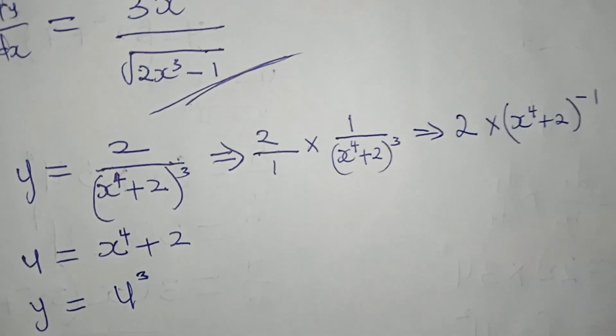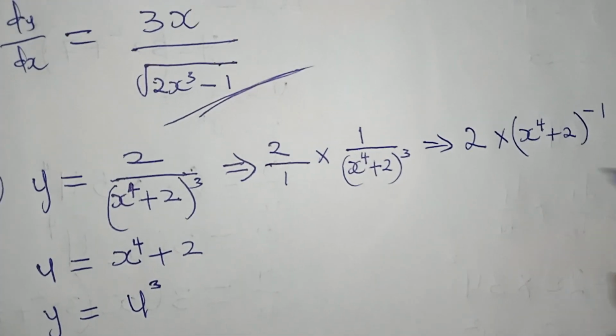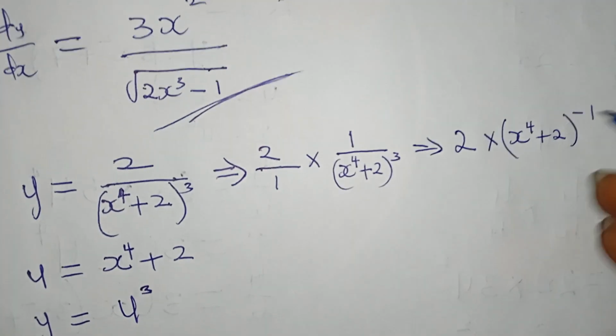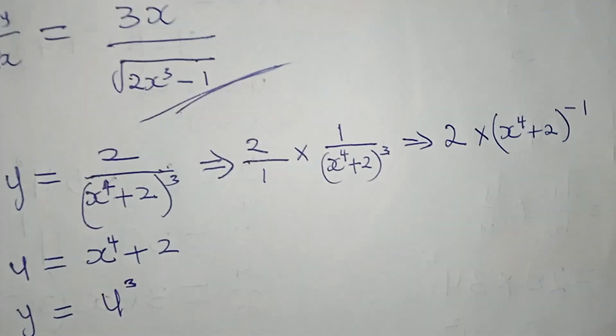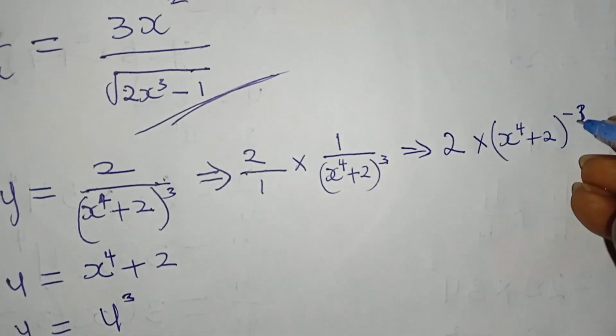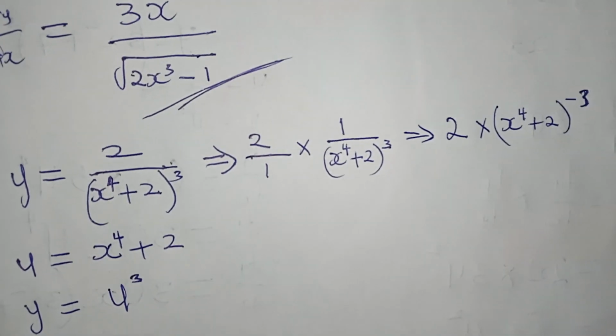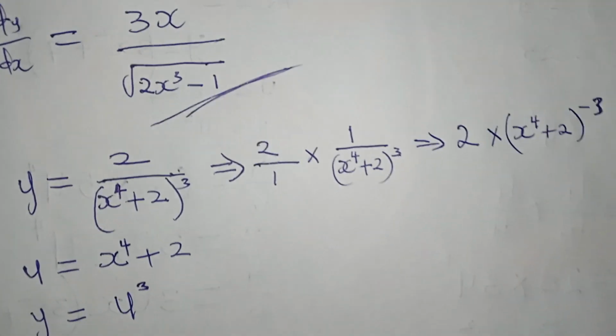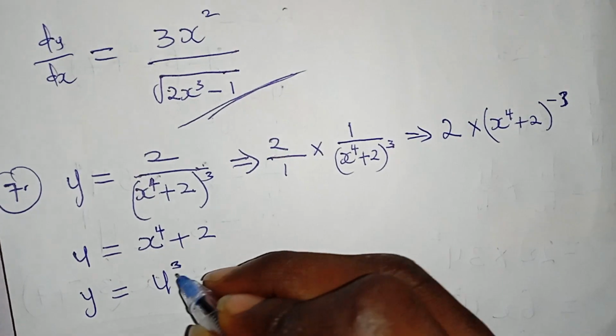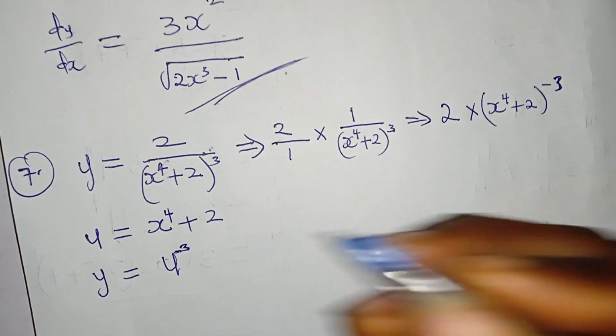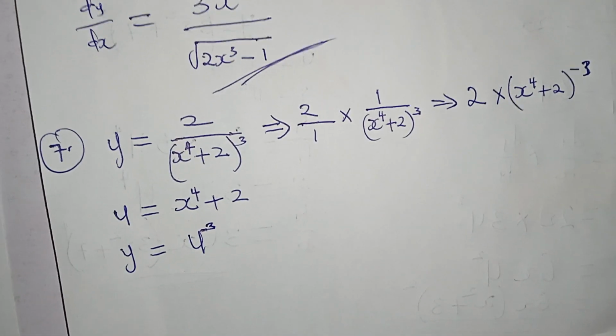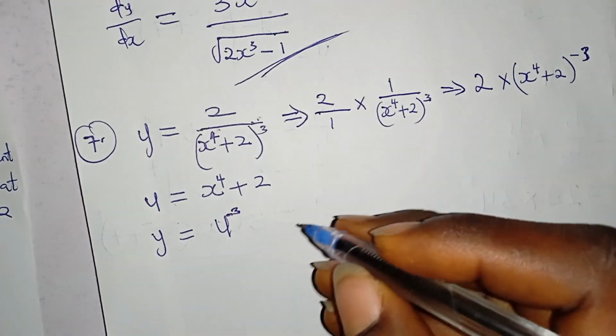Raised to the power minus 1 times 3, because there's 3 here. So this is the same thing as minus 3. So if you know this, it simply means that y here is equal to u raised to the power minus 3. So let's differentiate this.